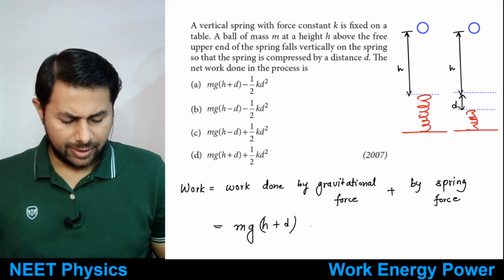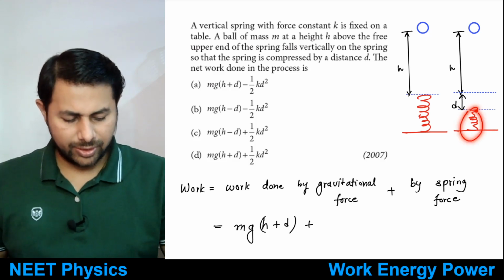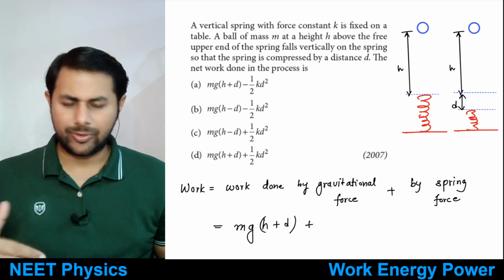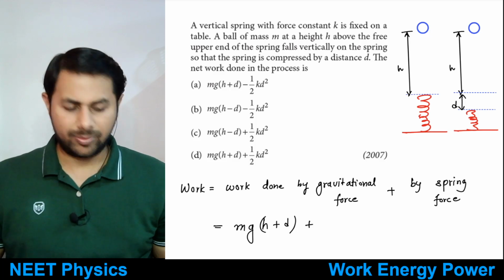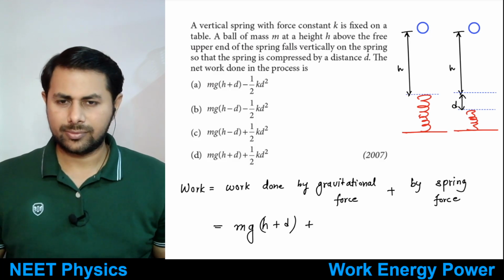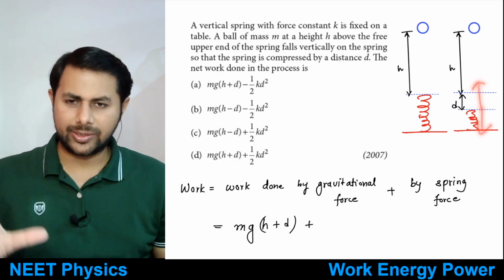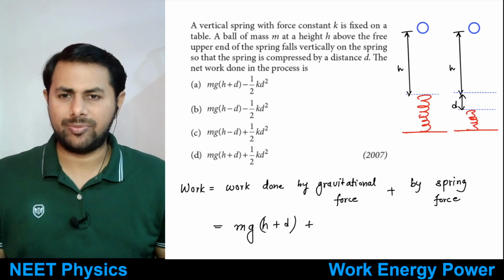Then plus work done by the spring force. Now is the spring force doing positive work? No. Spring force will always be directed opposite to the external force. If the external force is pulling it down, spring force will be directed upwards. So work is being done against the spring force.